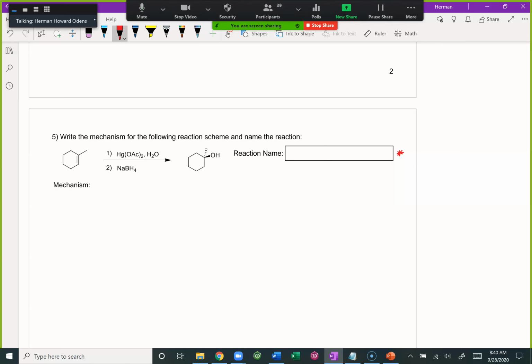The Wittig reaction produces an alkene and phosphorus oxide. So it will be very difficult to teach: this is the alkene formation, phosphine oxide production reaction, instead of just saying the Wittig reaction.